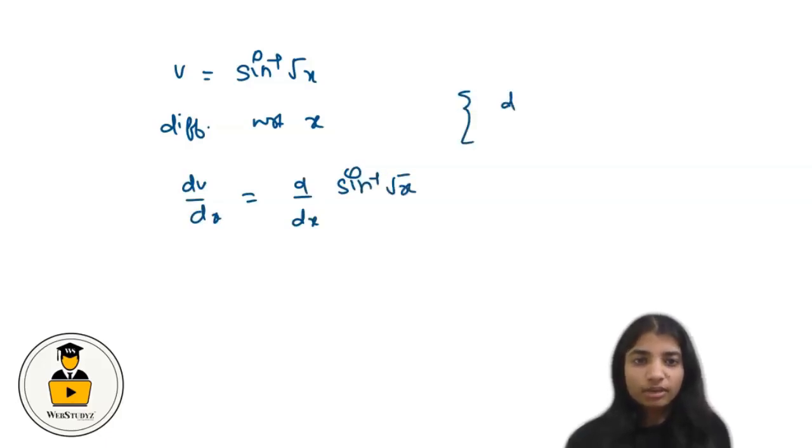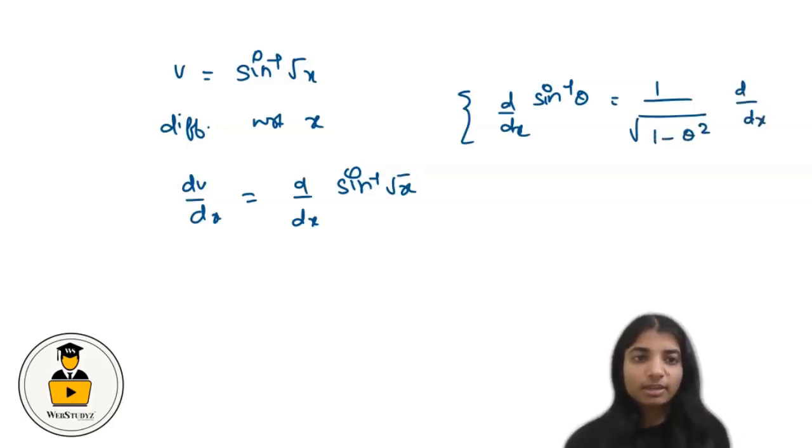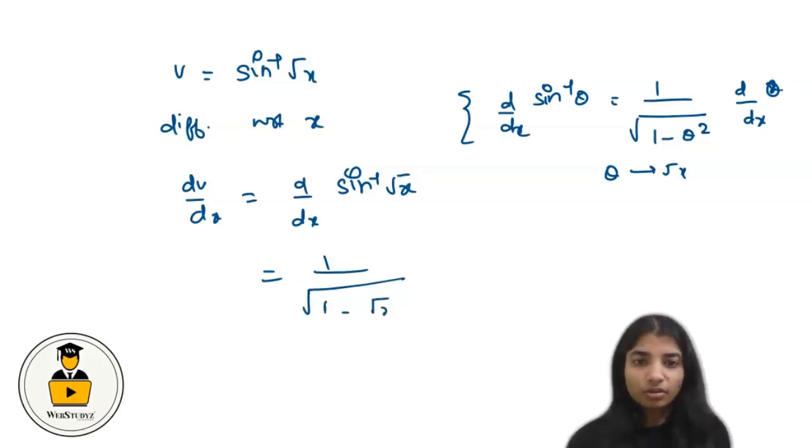We know that the differentiation of d divided by dx of sine inverse of theta is equal to 1 divided by the under root of 1 minus theta square multiplied by d divided by dx of theta. Here theta is replaced with under root of x. So from here it becomes equal to 1 divided by the under root of 1 minus under root of x whole square multiplied by d divided by dx of under root of x.